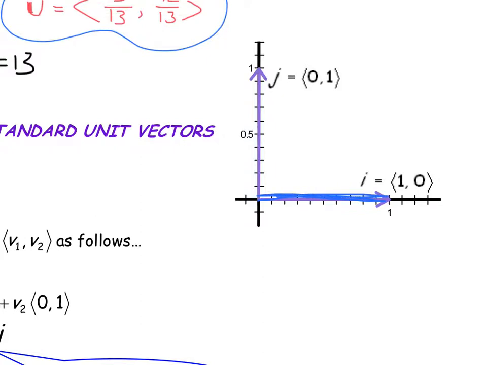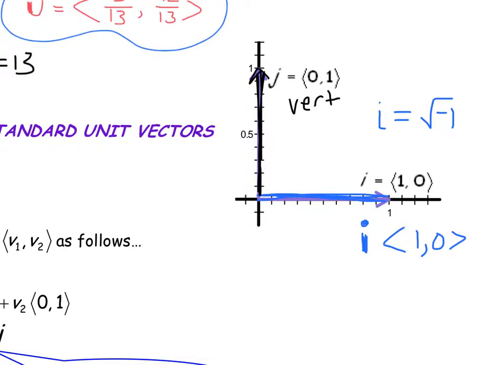You have to watch out because i, in one context, means the square root of -1. But i, and I'm trying to boldface it, in this context means my horizontal unit vector. So just beware of the context. This one here is j, and it is my vertical component, or my vertical unit.